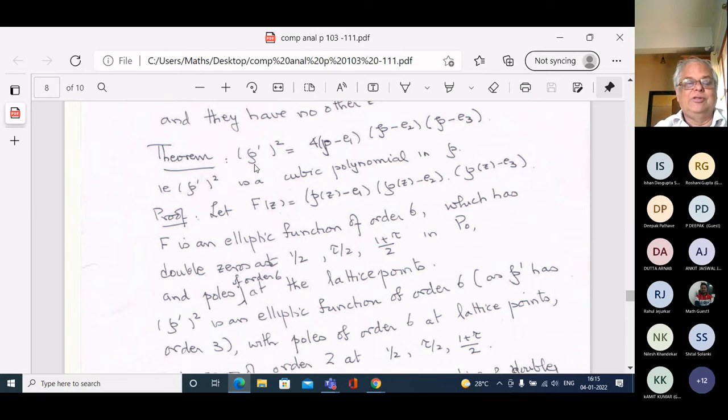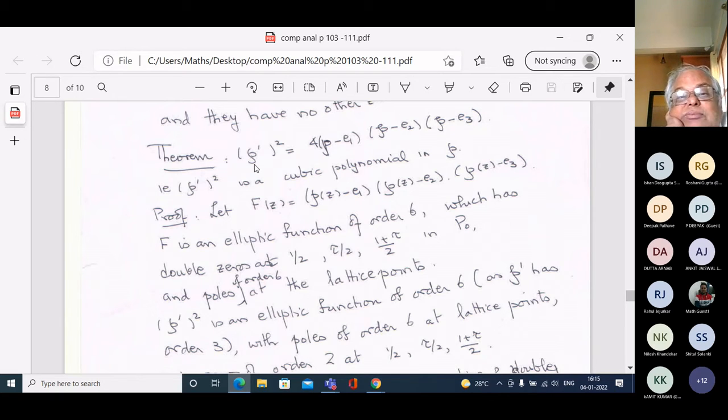What is the theorem? The theorem is that ℘′ squared is equal to 4 (℘ − e1)(℘ − e2)(℘ − e3). That is, ℘′ squared is a cubic polynomial in ℘. Let F(z) be (℘(z) − e1)(℘(z) − e2)(℘(z) − e3).